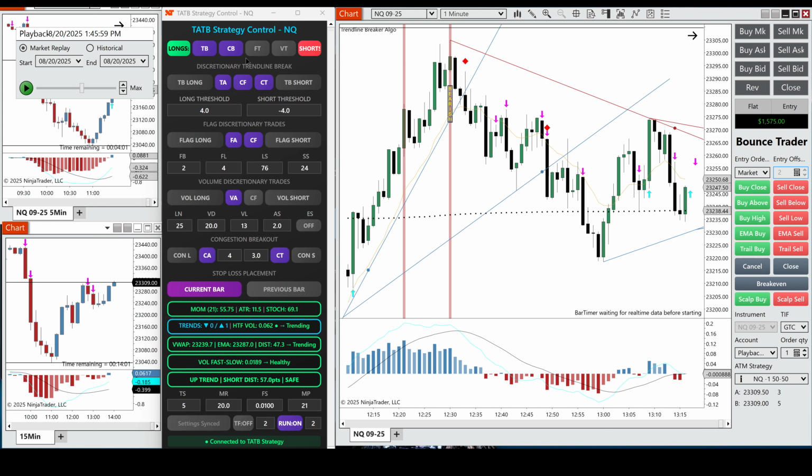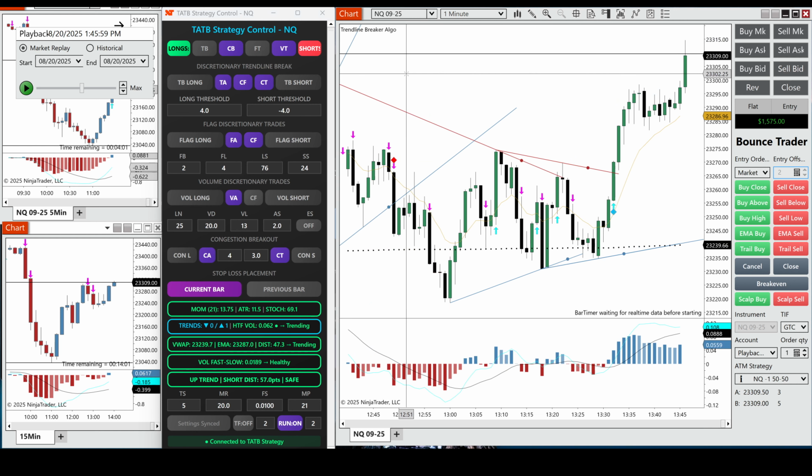So that's why trend line break goes first in the order of operations. But yeah, you could use these two. I chose to use these two, but yeah, probably flag needs to be a little bit more refinement, but that's coming. I just put it up there.